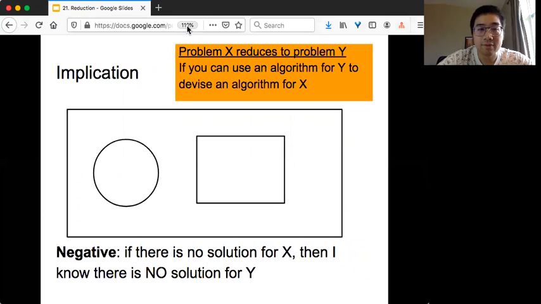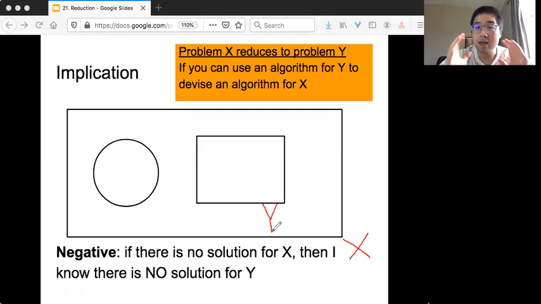The outer box is the solution for problem X. The inner box is the solution for problem Y. So the negative implication is that if there's no solution for X, nothing for the outer box, because someone already proved it, then what can you say? You say if I come up with a reduction, then I know there's no solution for the inner rectangle.